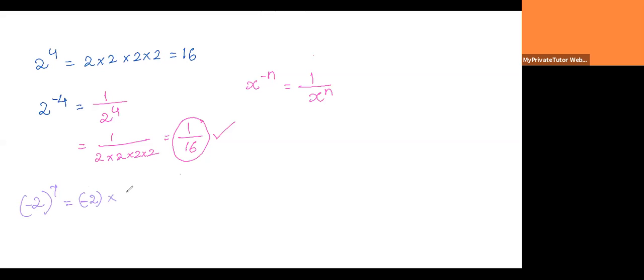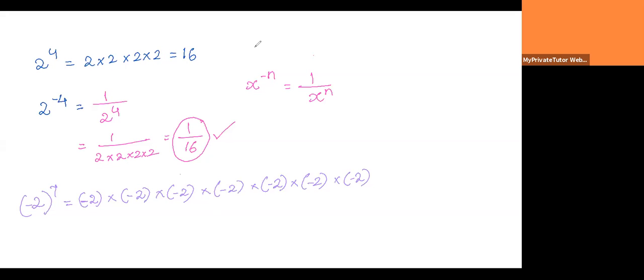So we are going to multiply the base number, which is minus 2, 7 times. So minus 2 times minus 2 times minus 2, and it goes on for 7 times. I hope I have written 1, 2, 3, 4, 5, 6, 7 times. If the base is a negative number, we need to include the negative sign in each base while multiplying.